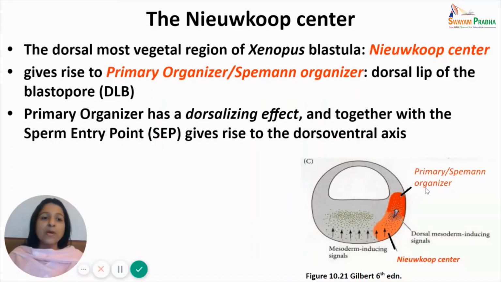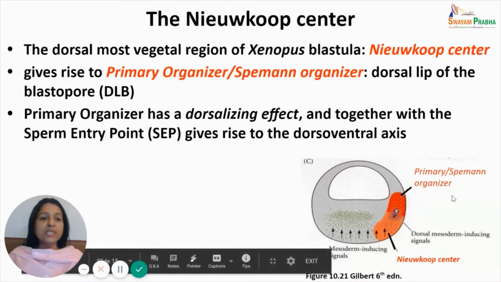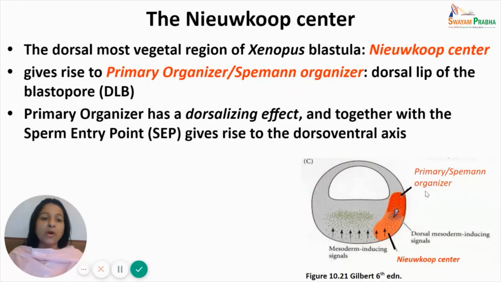Now this primary Spemann organizer further has a dorsalizing effect. It, together with the sperm entry point, gives rise to the dorsoventral axis. So here we have the concept of the Nieuwkoop center as well as the Spemann organizer.